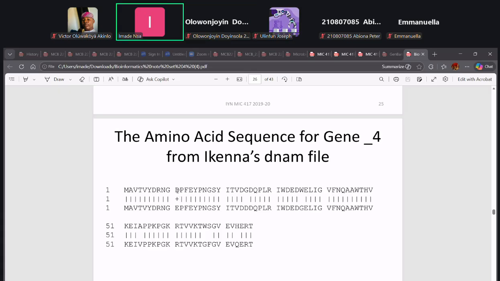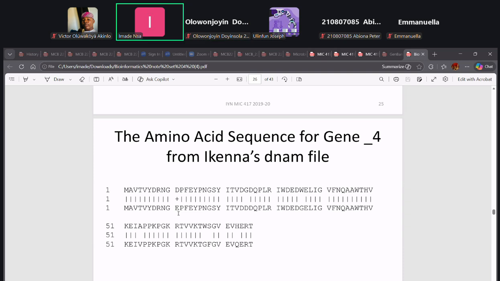Position number 11. Who agrees with me that this is position number 11? Yes, ma'am. What do you see? What do you notice there? You saw a plus sign. The reason you saw a plus, what is D? What is represented by D? Aspartic acid.